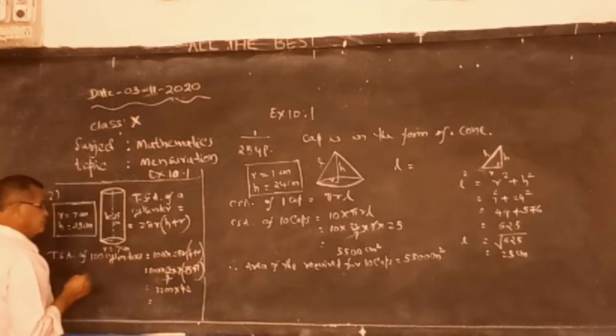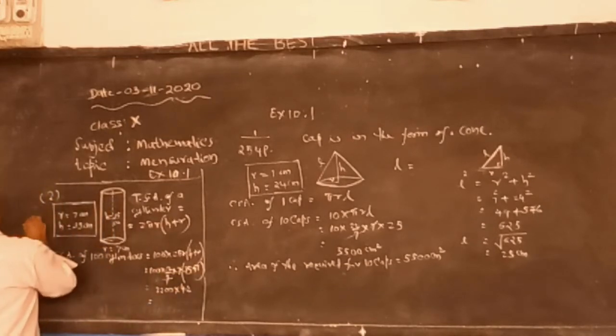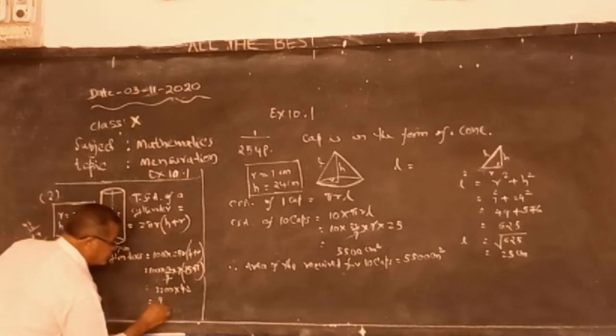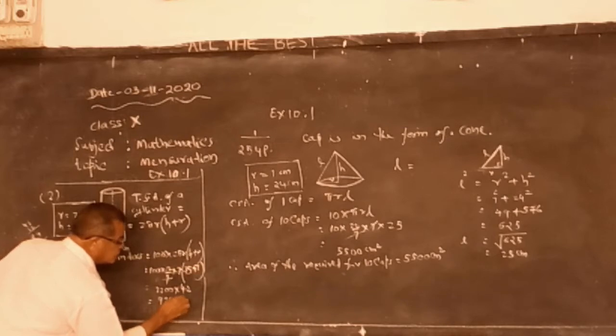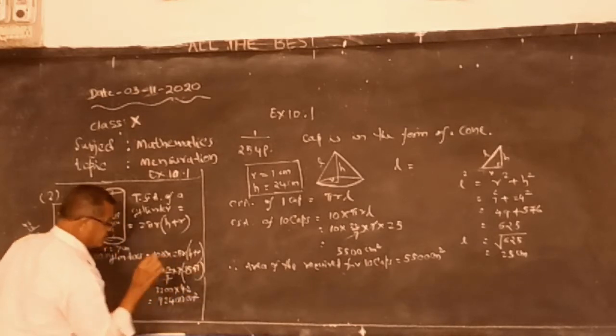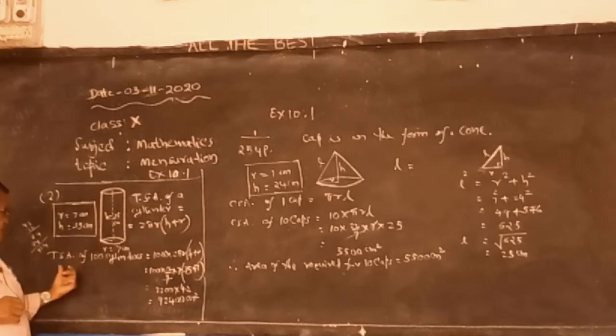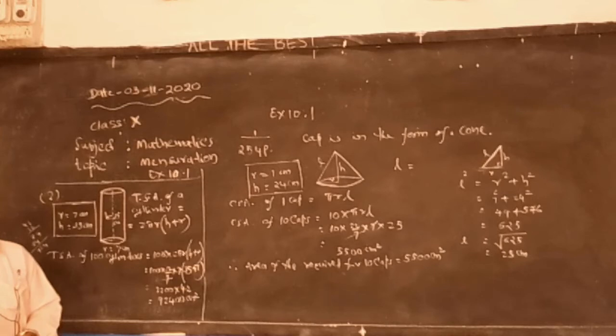Now multiply 42 into 2200, which gives 92400 cm square. This much sheet is required. This is the TSA of 100 cylinders, the second problem. Note it down.